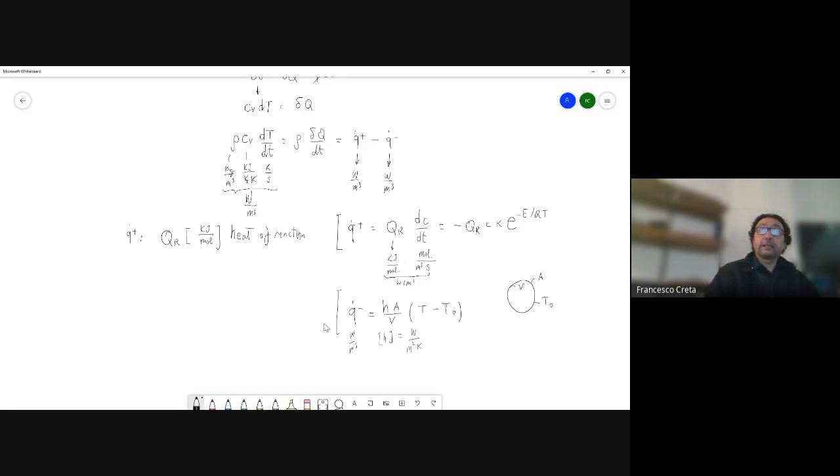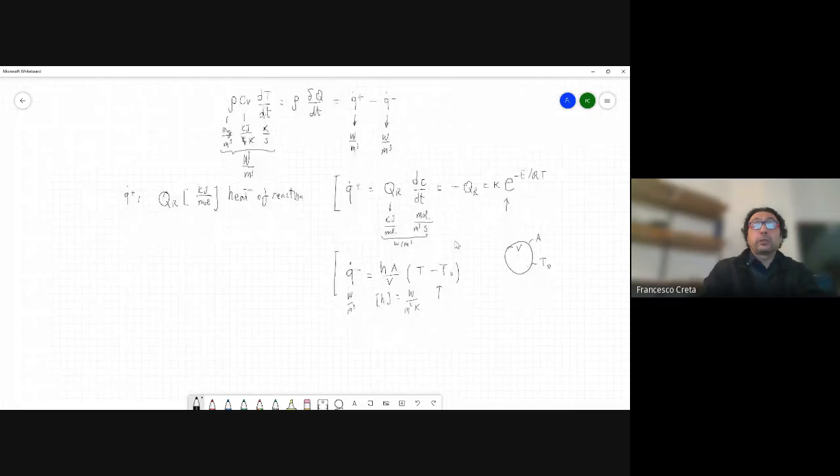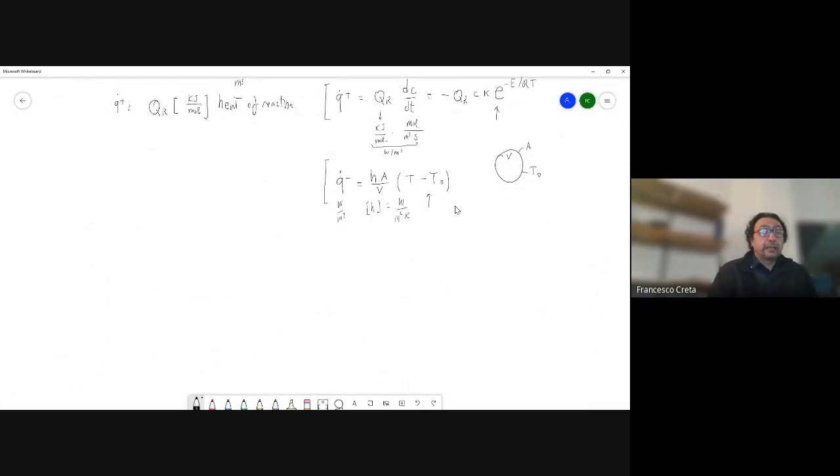And as you can see, this is exponential and this is linear, okay, with temperature. So we have an overall system, as usual, a system of ordinary differential equations.